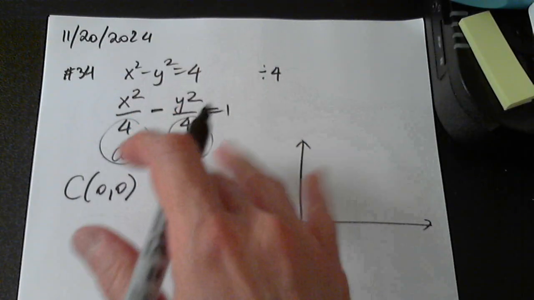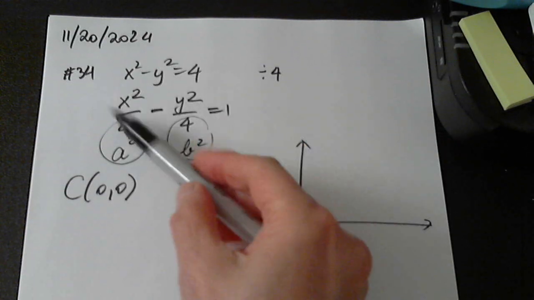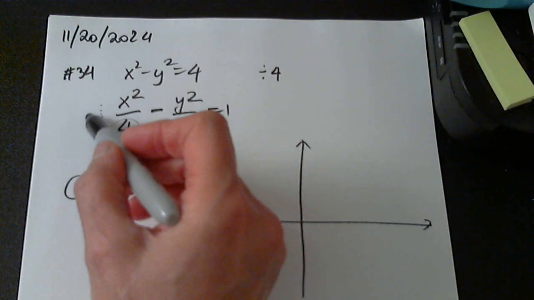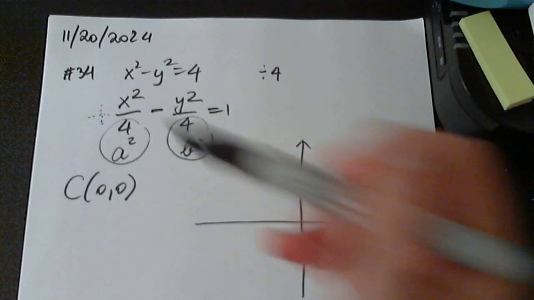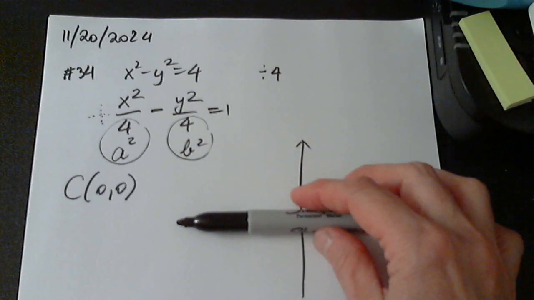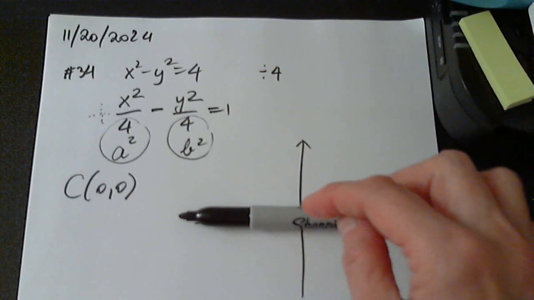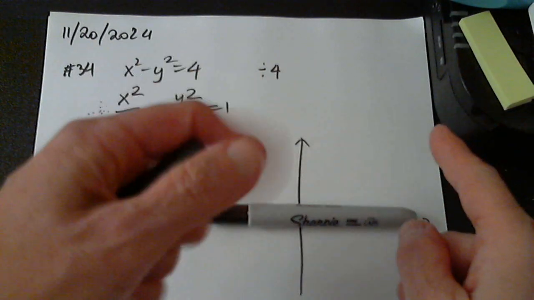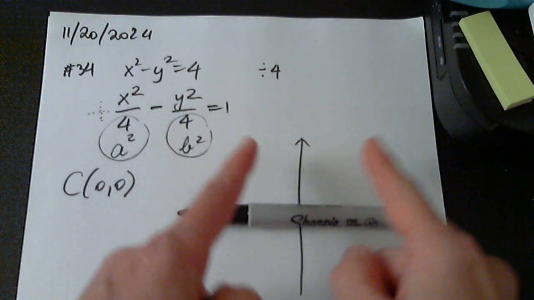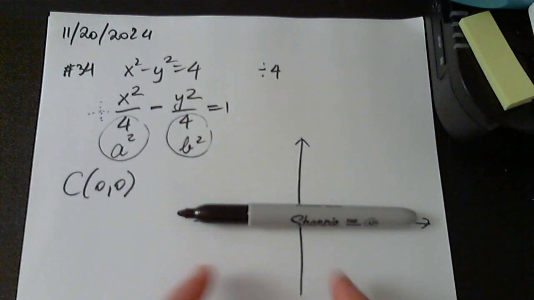We will get to those examples in which the center is not 0, 0. So x squared in this case has plus in front. Therefore, the hyperbola will have a transverse axis that is horizontal, and the two branches, kind of like two parabolas, will be facing each other.